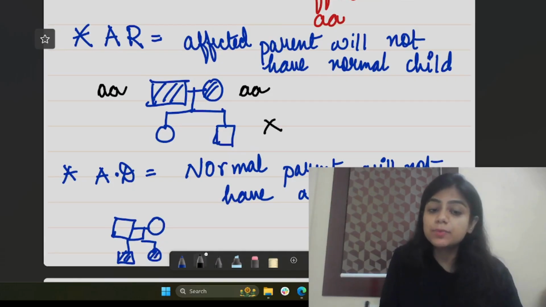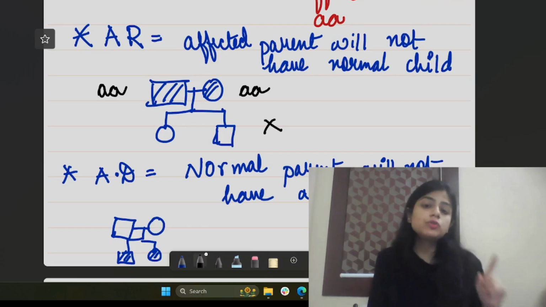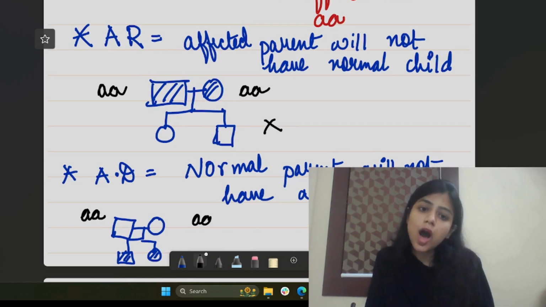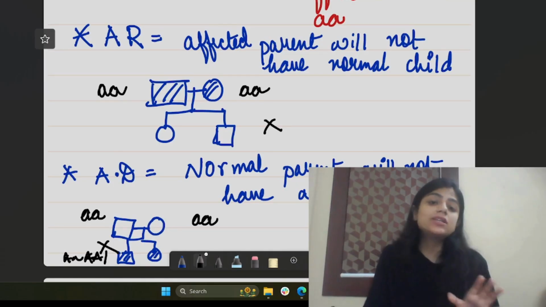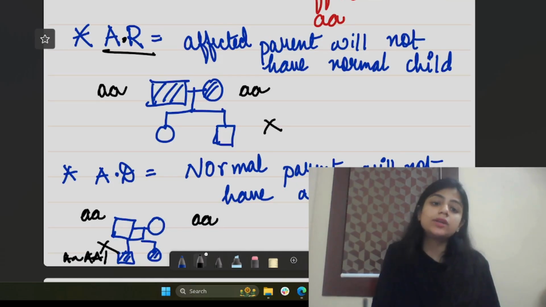How is it possible? Because in autosomal dominant, the genotype of a normal parent is small a, small a. So how come they are having capital A or capital A small a? It is next to impossible. So that is what is important to understand here.